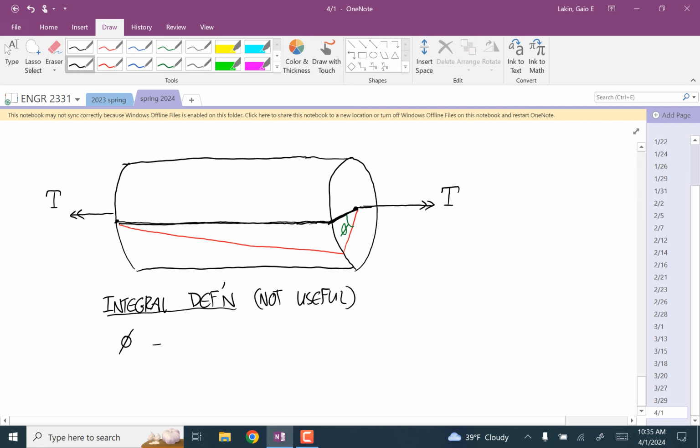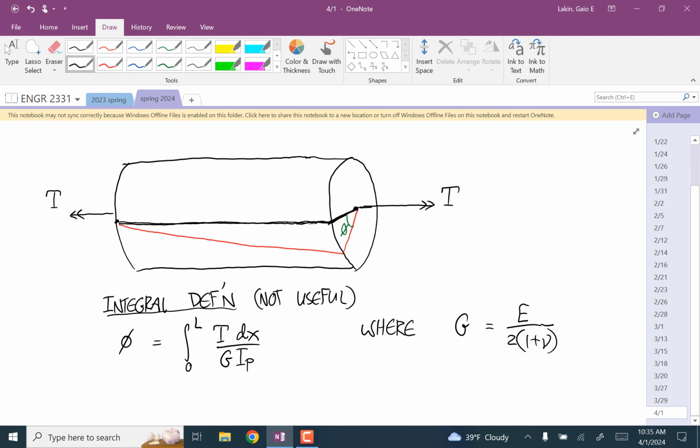says that the angle of twist is equal to the integral over the length of the bar of T dx over G I sub p, where G is E over 2 times (1 plus nu). Have you ever seen that G before? You have. Can you think of why that looks familiar?